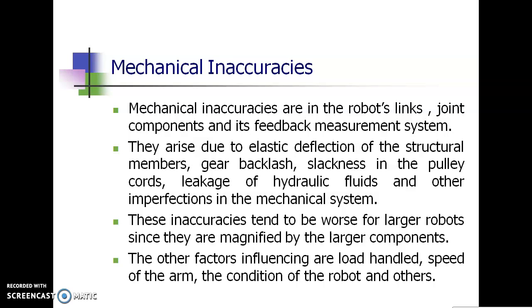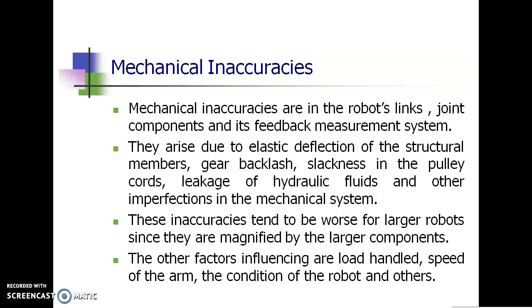So the mechanical inaccuracies are the inaccuracies in the robot links, joint components, and its feedback measurement system. Where does it arise? It arises due to the elastic deflection of the structural members, gear backlash, slackness in the pulley cords, leakage of hydraulic fluids, and other imperfections in the mechanical system. So all these things may lead to the mechanical inaccuracies.